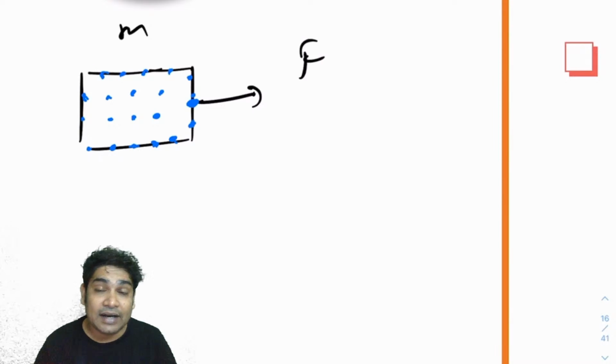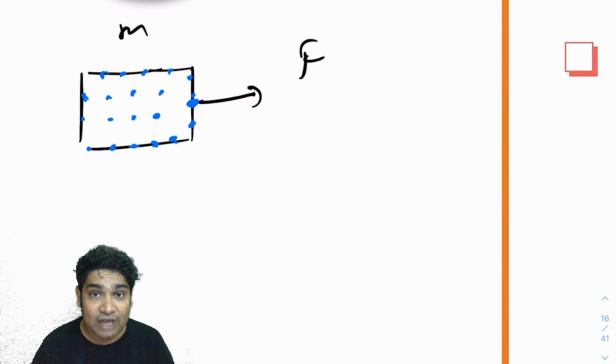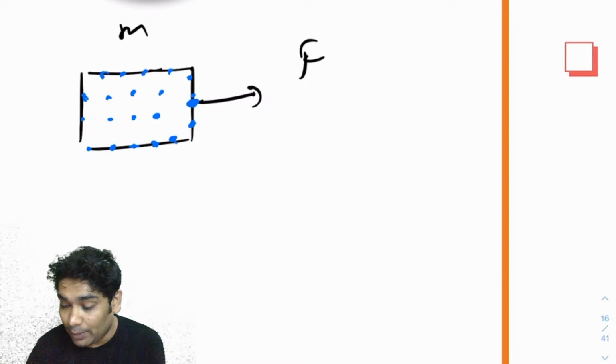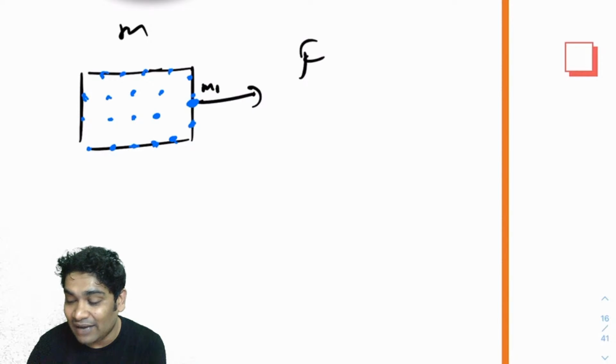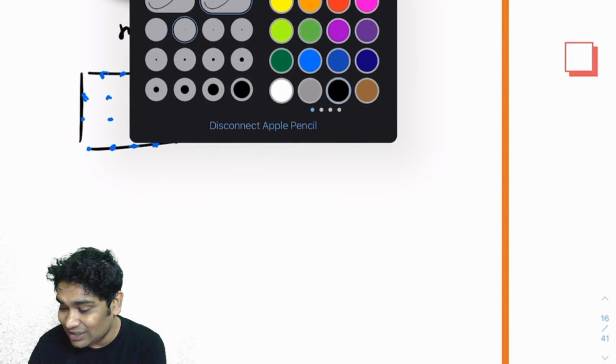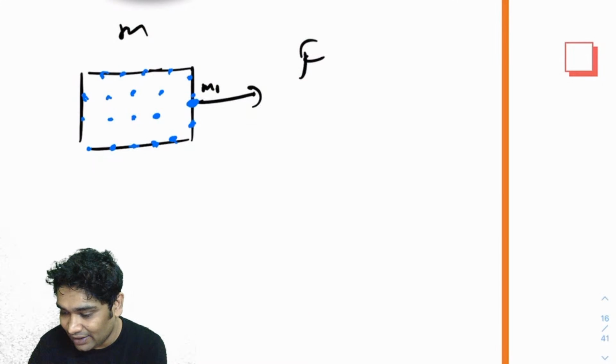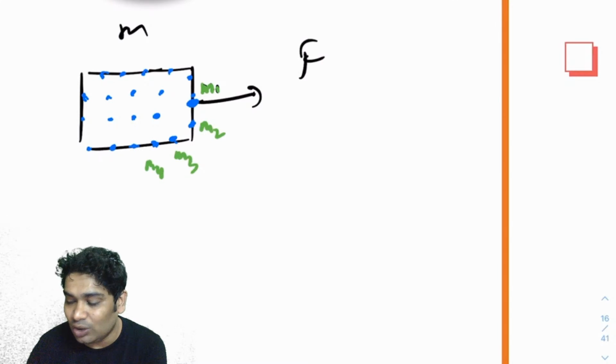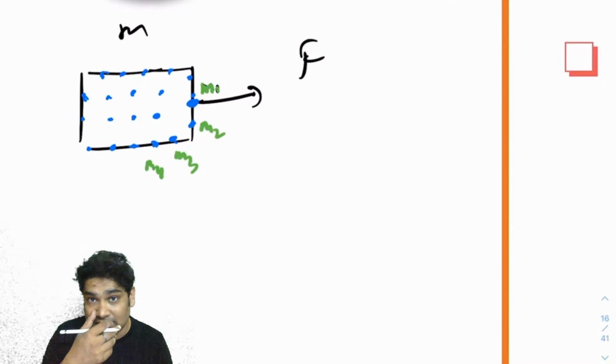So as I was saying, even if you have a big mass, you could consider it to be made up of many small point masses. So let's give them names. I am calling this point mass M1, this point mass M2, M3, M4, and so on. So I'll give names to all the point masses.